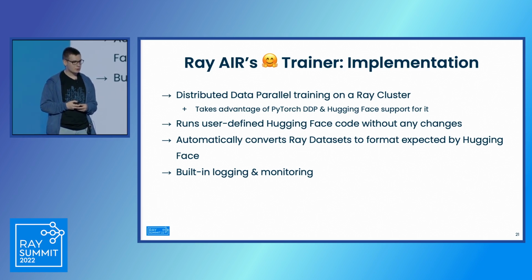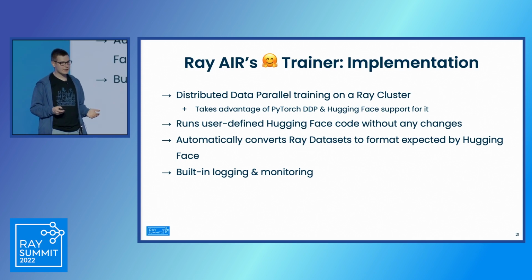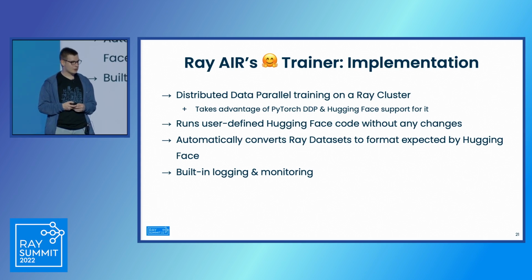So you do not have to make any specific changes to allow for distributed training. You can take the existing code and run it with the Ray AI trainer. It automatically converts the Ray datasets to the format expected by Hugging Face, so this is also another thing that is abstracted. And it provides built-in logging and monitoring, for example, with MLflow, TensorBoard, and other libraries.